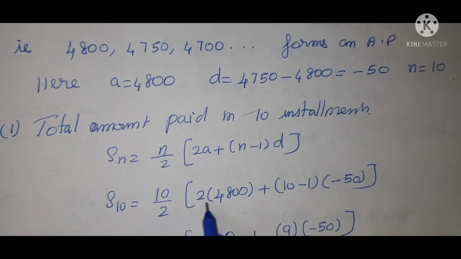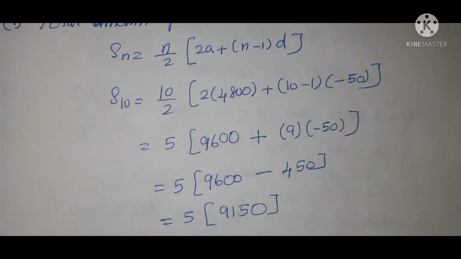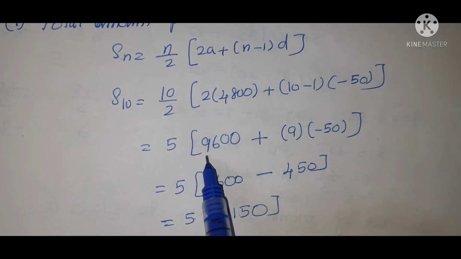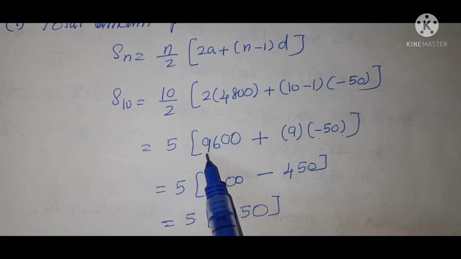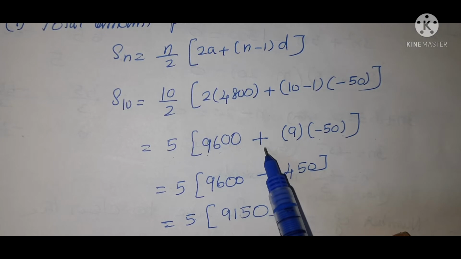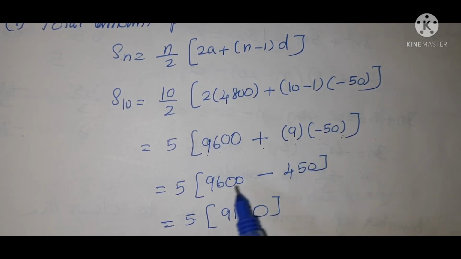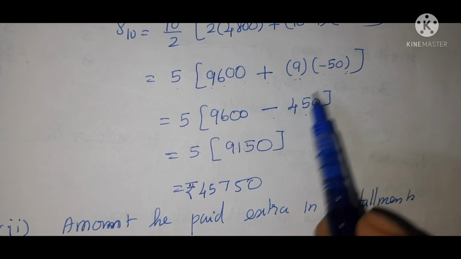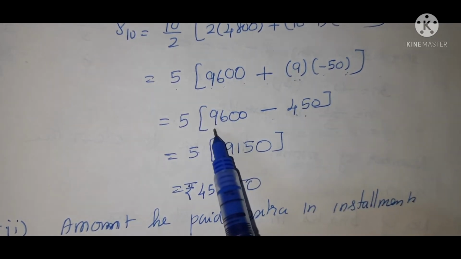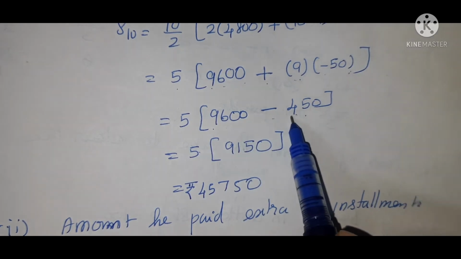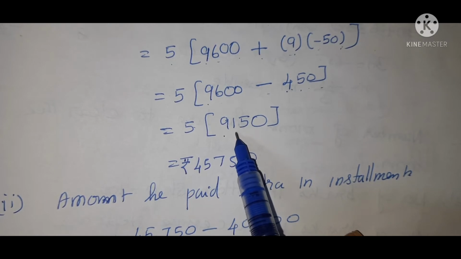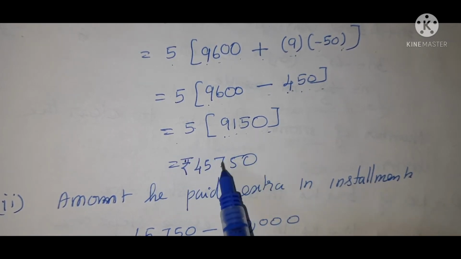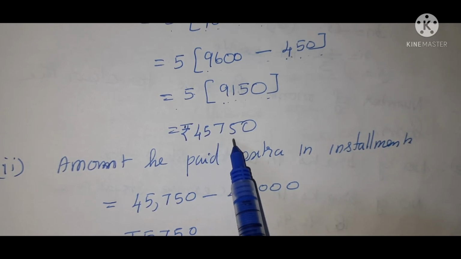Here Sn is n by 2 into 2a plus n minus 1 into d. S10 is 10 by 2 into 2 into 4,800 plus 10 minus 1 into minus 50. 2 into 4,800 is 9,600, 10 minus 1 is 9, 9 into minus 50 is minus 450. 5 into 9,600 minus 450, that is 9,150, 5 into 9,150, we get 45,750.